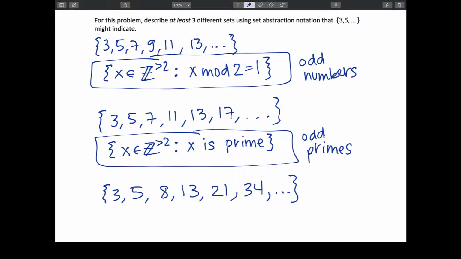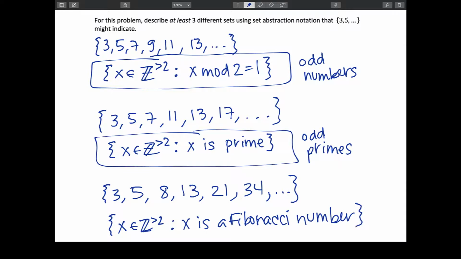So you could write this as x in Z greater than 2, such that x is a Fibonacci number. And I would accept that.